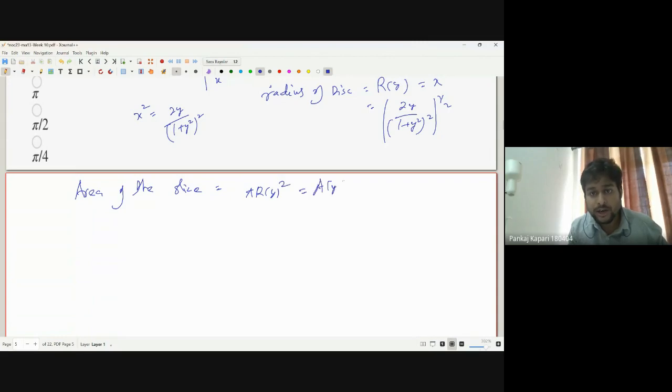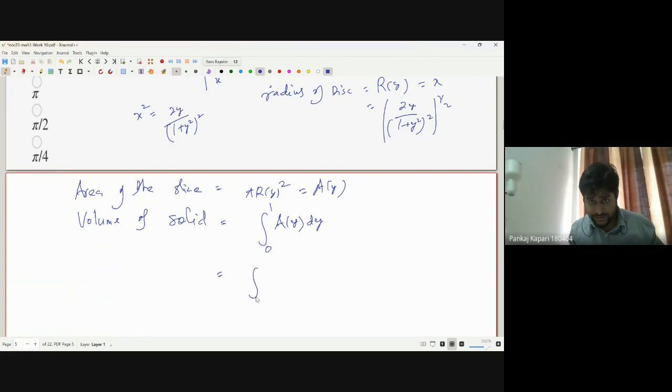Let's call it A(y). And now, what is the volume of the solid? This is the integral of A(y) dy, where y varies from 0 to 1, right? So that is the integral from 0 to 1 of 2y dy divided by (1 plus y square) whole square, and then there is a pi also, right?